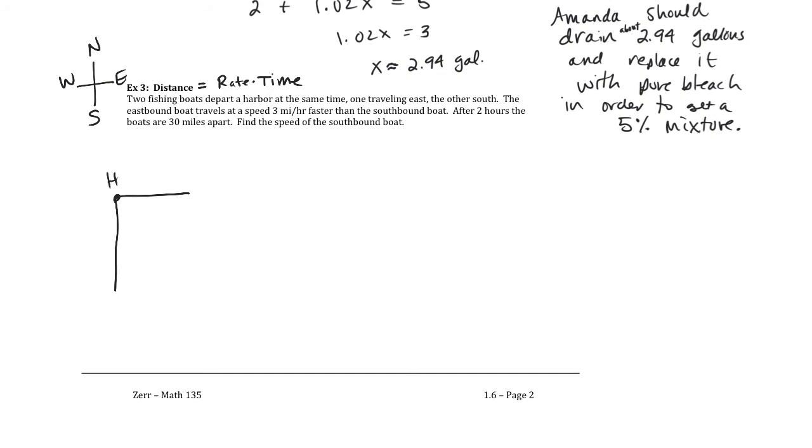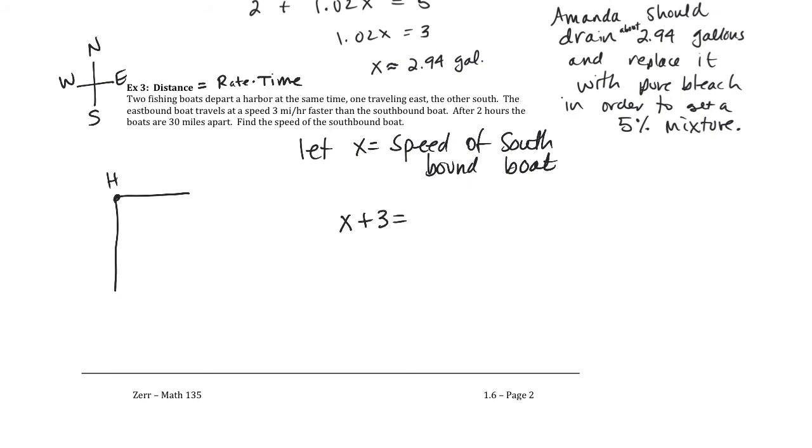the eastbound boat travels at a speed that's faster than the southbound. So I'm going to let x equal the speed of the southbound. So then x plus 3 would be the rate of the eastbound. Okay, now after 2 hours, the boats are a certain distance apart, 30 miles.